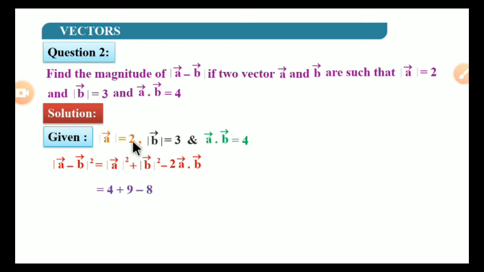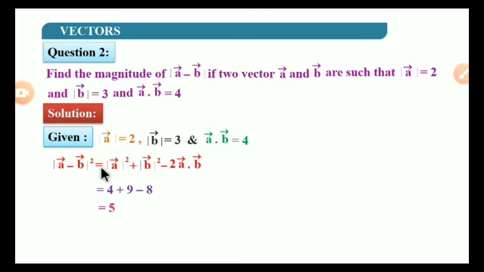In this one, the magnitude of A is equal to 2, so 2 square becomes 4, and the magnitude of B is equal to 3, so 3 square becomes 9, minus 2 into A · B, which is already equal to 4, so minus 2 into 4 means 8. Therefore the final answer will be 5.